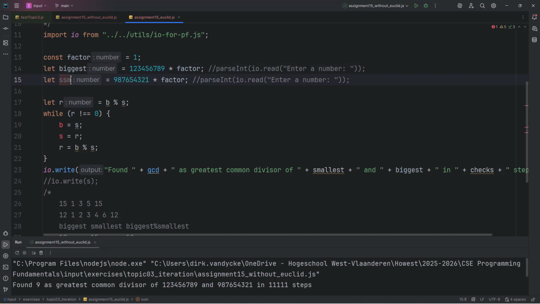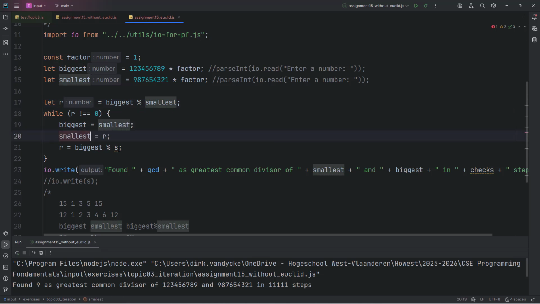Smallest, okay. Just to make them available in the message here. So this is going to be biggest, biggest, biggest, and I need smallest as well. Smallest, smallest here, smallest there, smallest there, everywhere, voila.